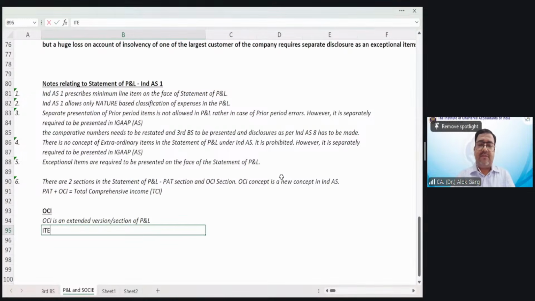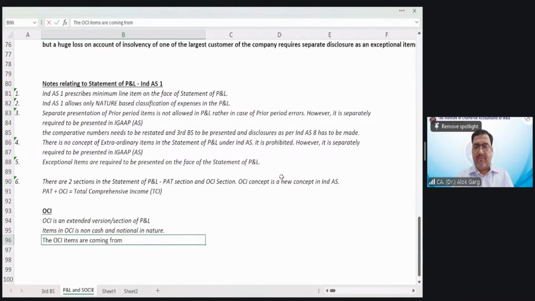the items in OCI are non-cash and notional in nature, right? The OCI items are coming from other standards, and few items of OCI are only there.